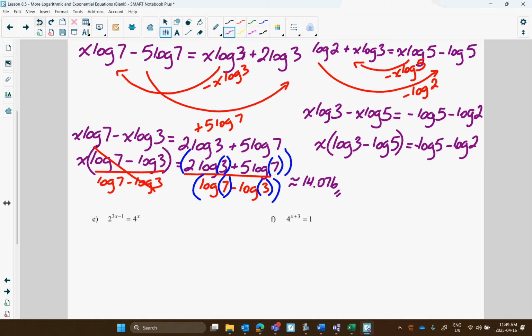So therefore, I'm not going to show this step this time. It would be minus log 5 minus log 2 divided by log 3 minus log 5.